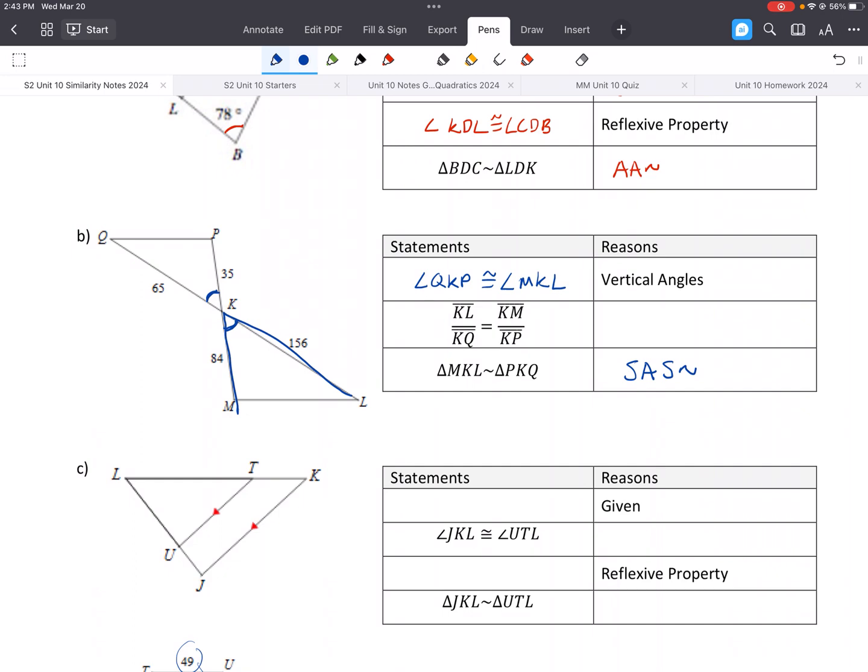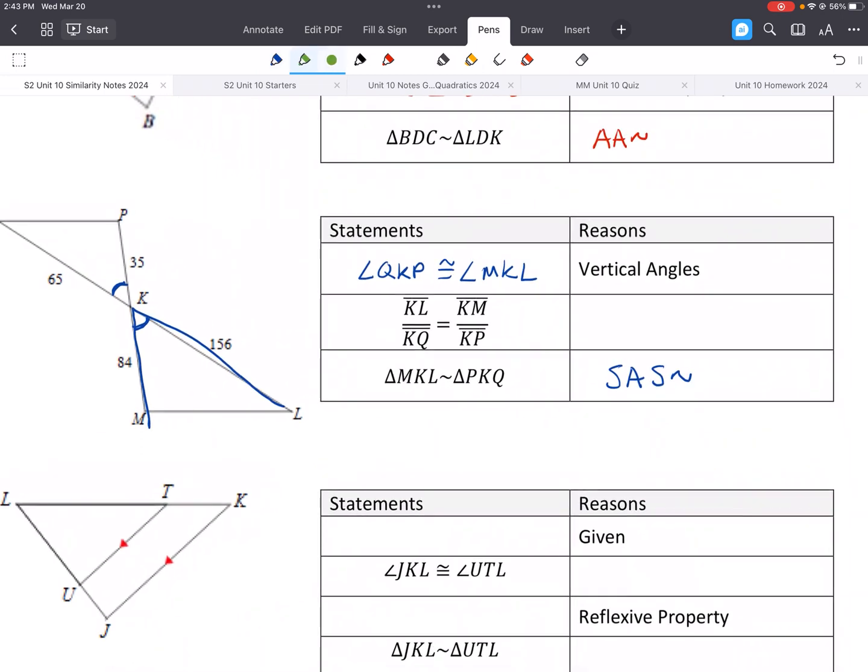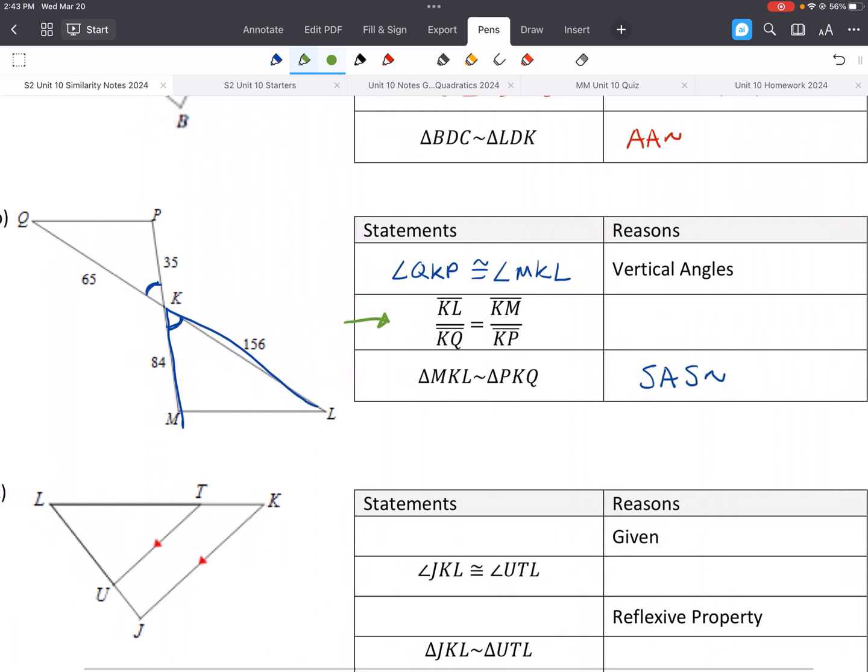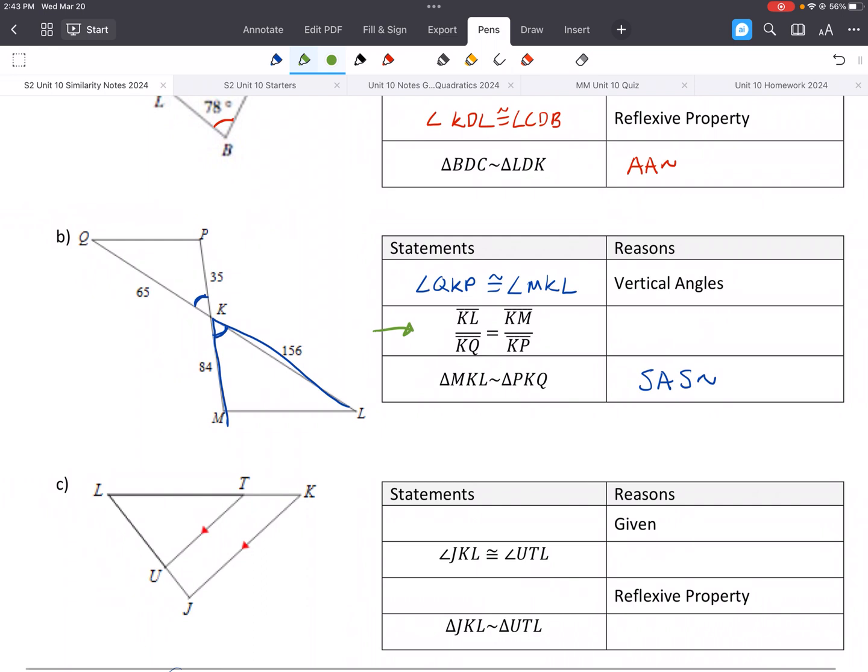Okay, again, the left side is just telling us which sides are corresponding. So we know that KL, let me erase this just for a second, so we have KL corresponds to KQ.